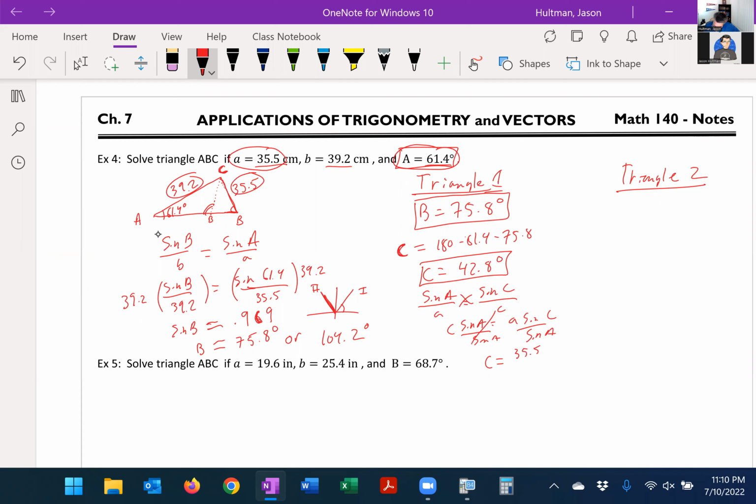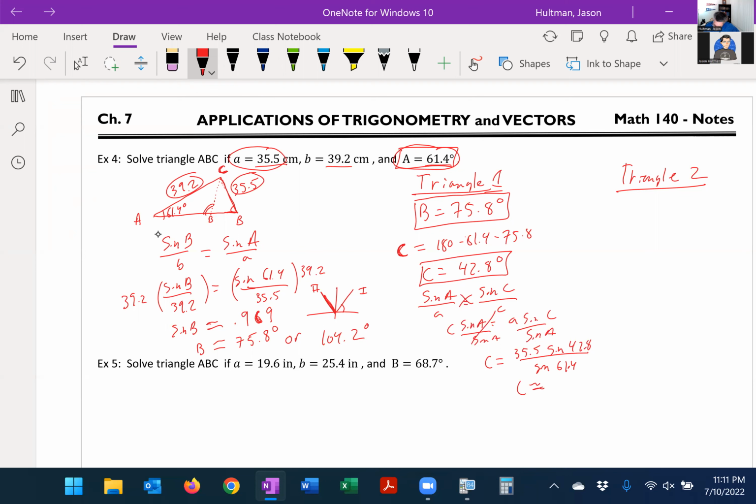The sine of C we calculated out to be 42.8. So sine of 42.8 all over the sine of A, and A was 61.4. So sine 61.4.